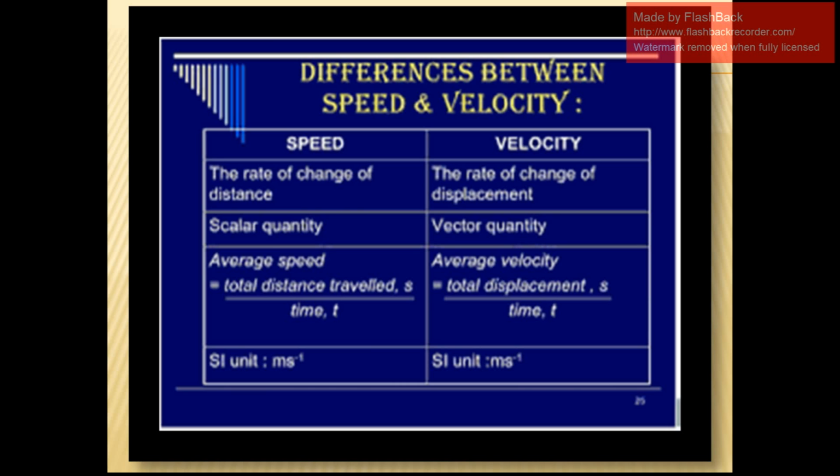And to find average velocity, the formula is total displacement divided by time. The SI unit of speed is meter per second, which is denoted as m s^-1, and for velocity also it is the same, m s^-1.